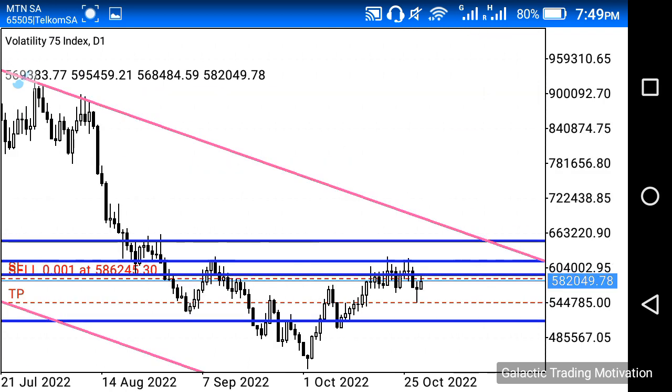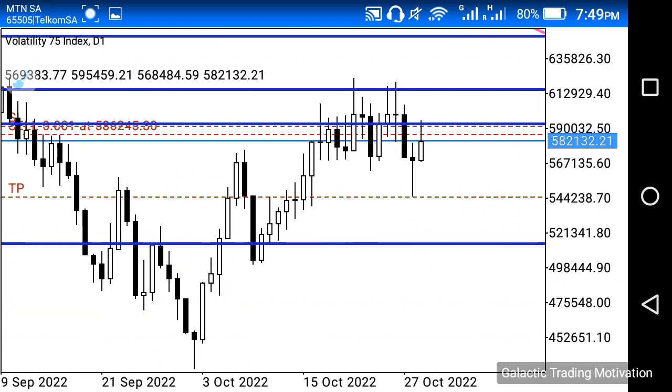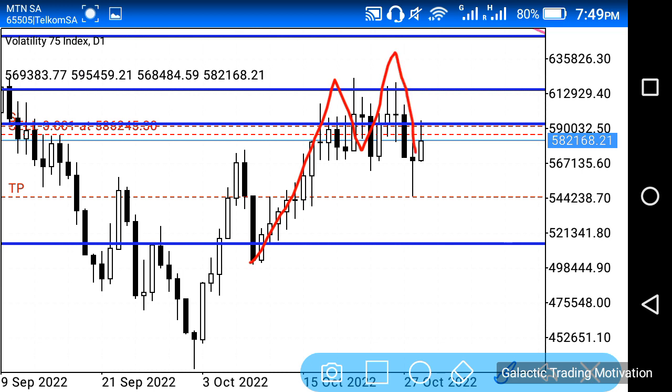Let's have a look. Another thing that I can see is that we have what seems to be an M structure at this point, and similarly it also has a neckline at this point, right? And we can see that the neckline is yet to be broken. But in order for us to sell, I believe that we should wait for price to actually close below this neckline and then head back to the neckline.